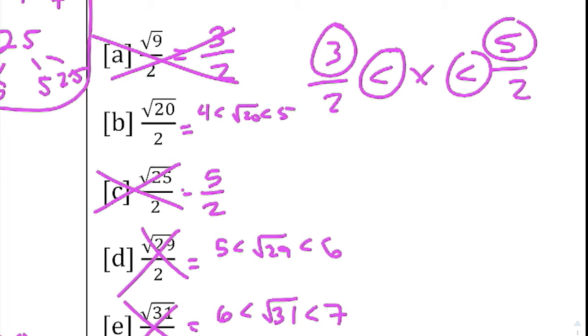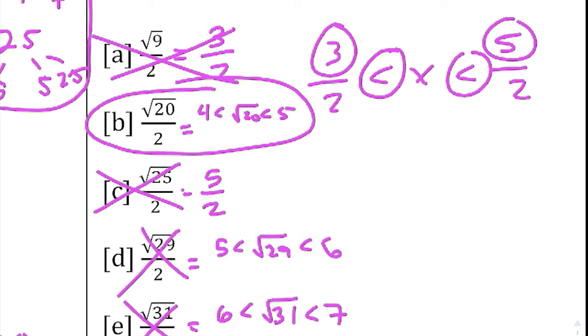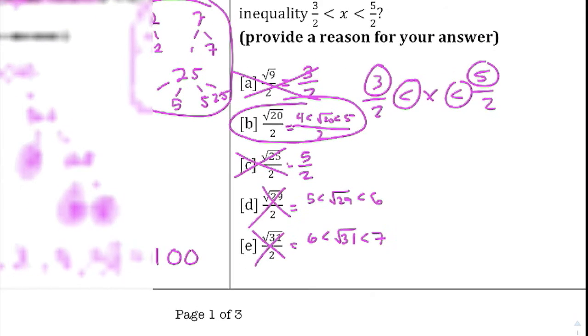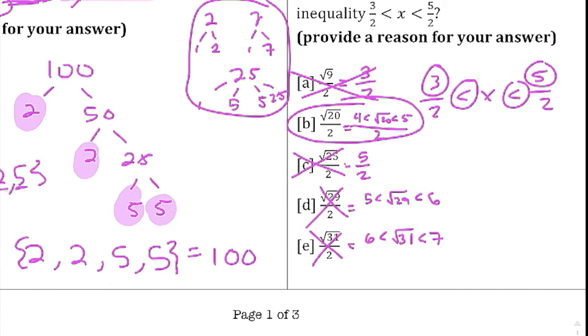So the only viable answer is B, because the square root of 20 is trapped between 4 and 5, and of course it's over 2. So B has to be our only answer. Even though you don't know the actual squared values, you could calculate them, but it's just as fast to estimate their integer values and then compare them against your work.